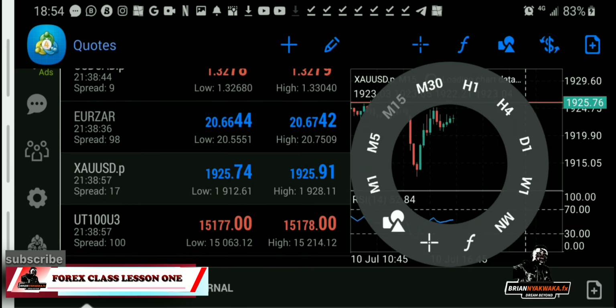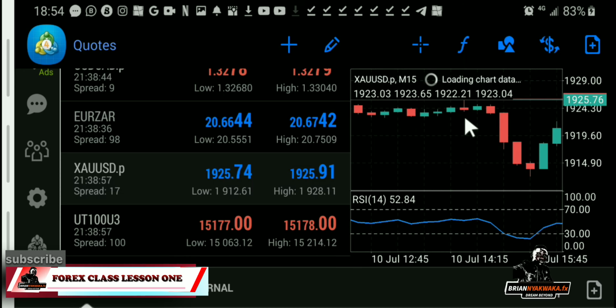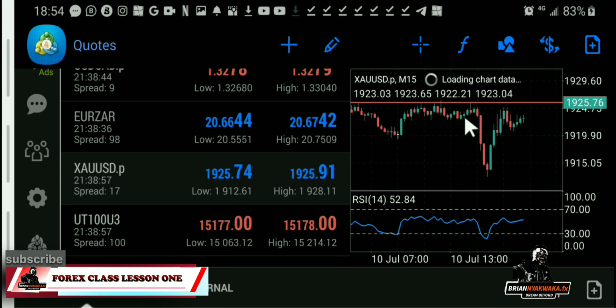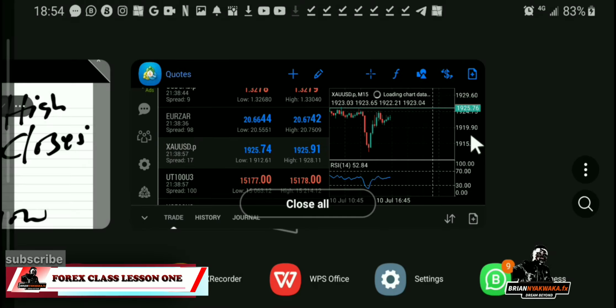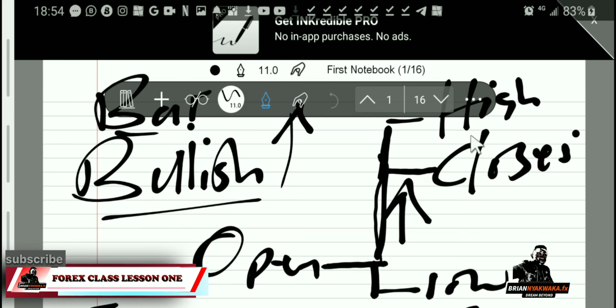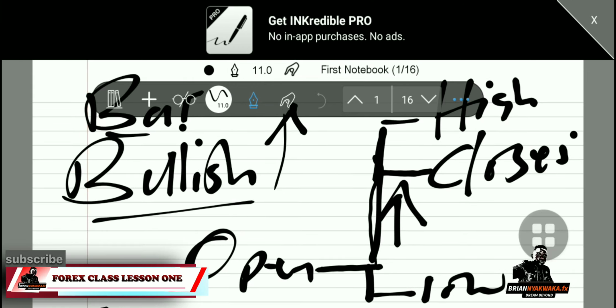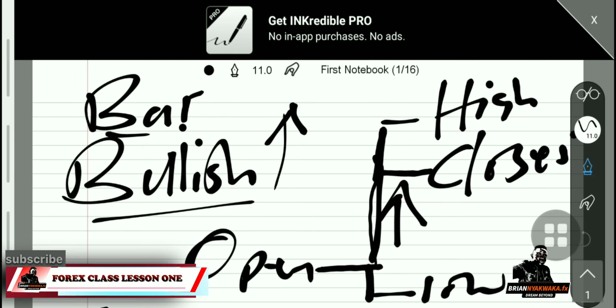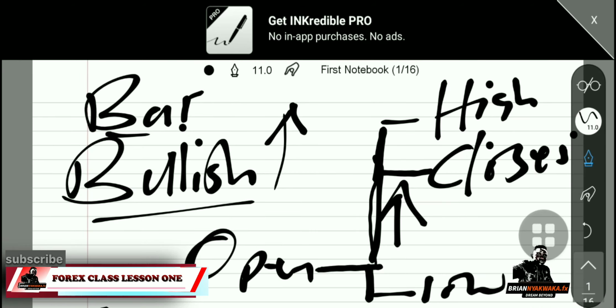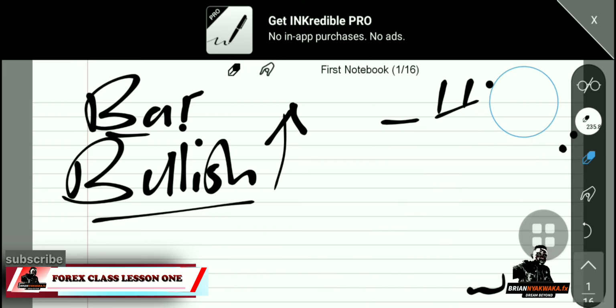We have two types of candlestick chart, just the same as a bar chart.